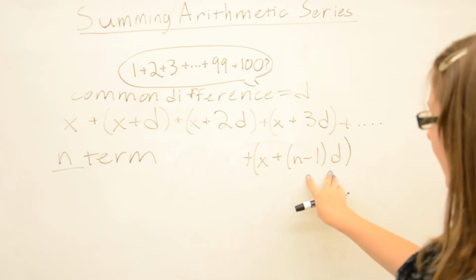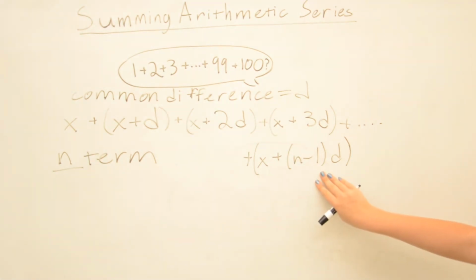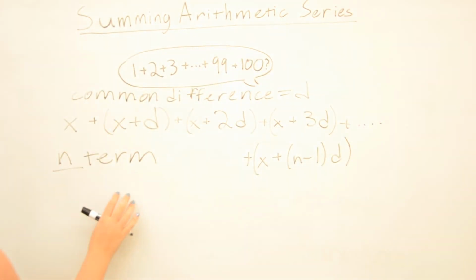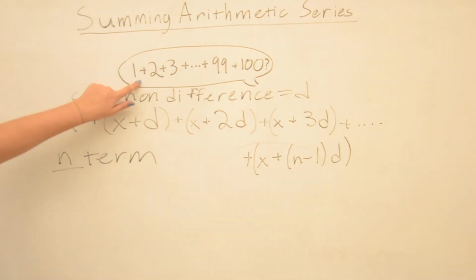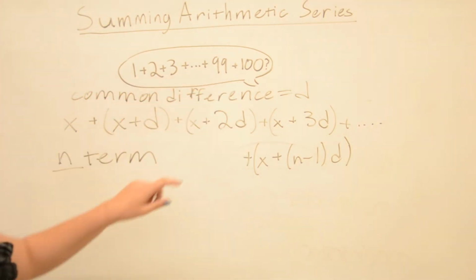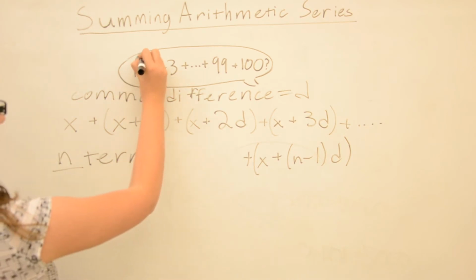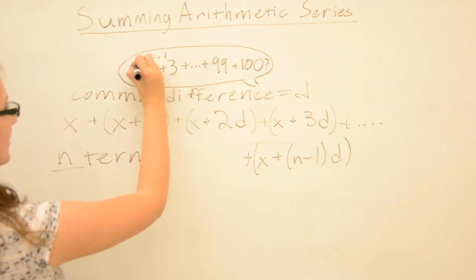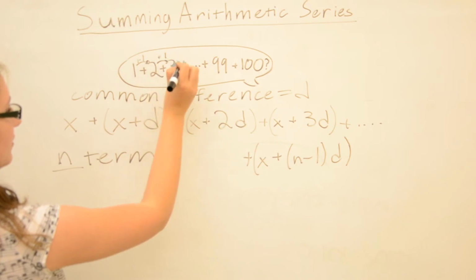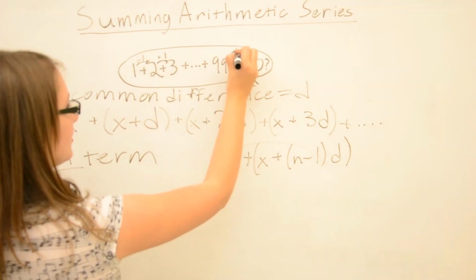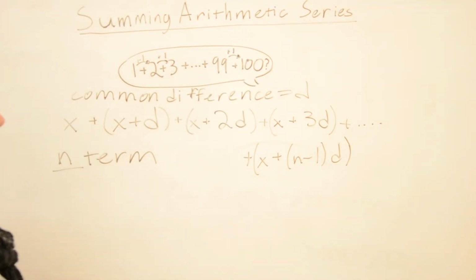So at the end, on the nth term, there will be n minus 1 d's. Okay, so that's an arithmetic series. And you can see how this 1 to 100 is an arithmetic series because the x is 1, and the common difference, or d, is also 1. So we're adding 1 here, we're adding 1 here to get 1 to 2, 2 to 3, and so on, each time adding the common difference of 1.